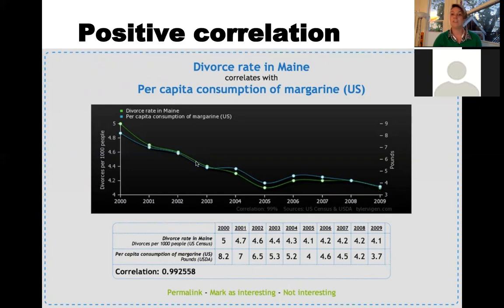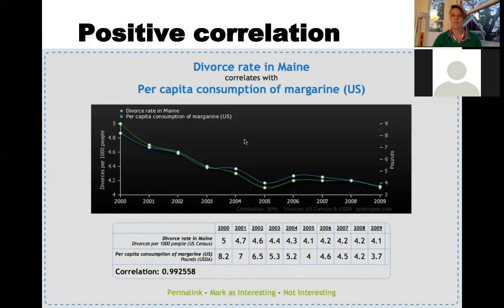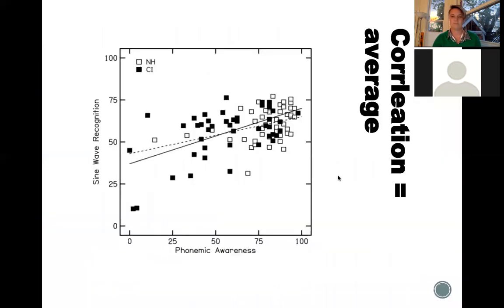Even though they're decreasing, they're both going in the same direction, so that's a positive correlation. The negative correlation is when they're going in opposite directions consistently. The positive correlation is they're going in the same direction consistently.